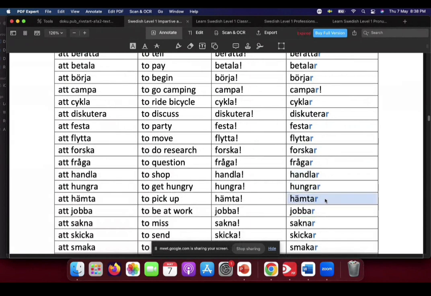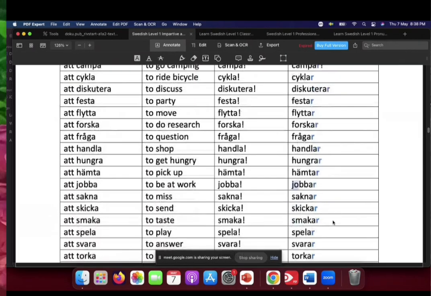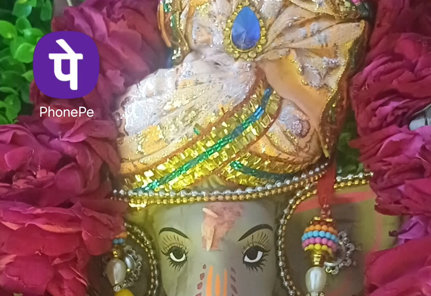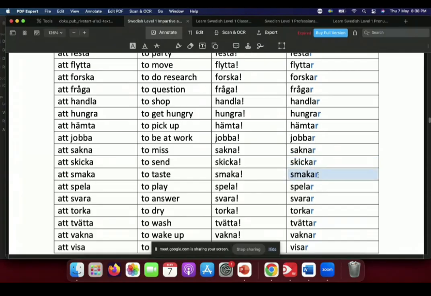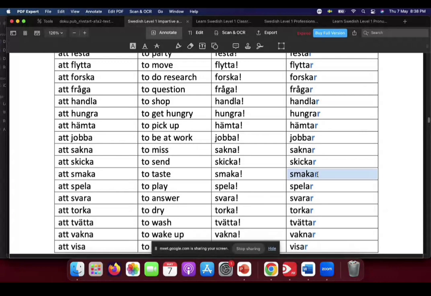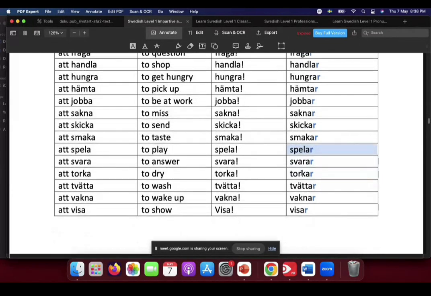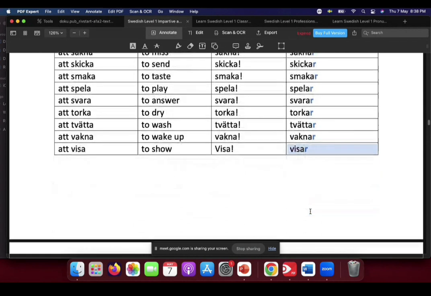At hämta, to pick up. At jobba, jobbar. At sakna, saknar, means to miss someone. At skicka, skickar, that means to send. At smaka, smakar. At spela, spelar. At svara, svarar. At torka, torkar. At tweeta, tweetar. At vakna, vaknar. At visa, visar. So for all of them we have added just one R, to make a present tense for group one.